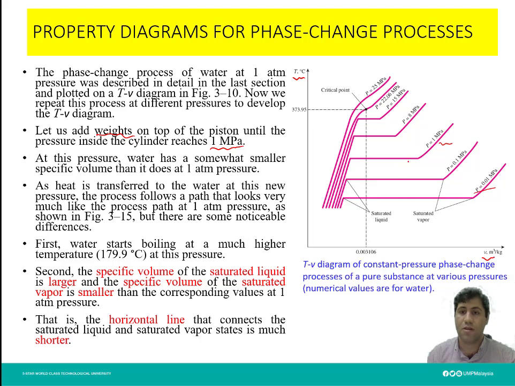First of all, it is located at the top of the 100 kilopascal constant pressure graph, because the pressure during that phase change process is increased, so the graph is located above the graph which we had for the lower pressure. This is the first thing we can see in this graph.